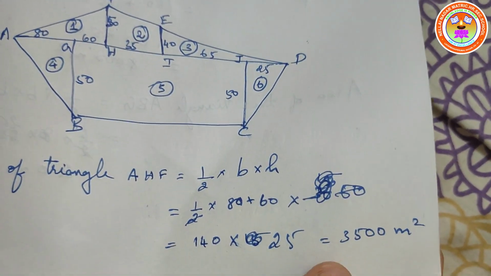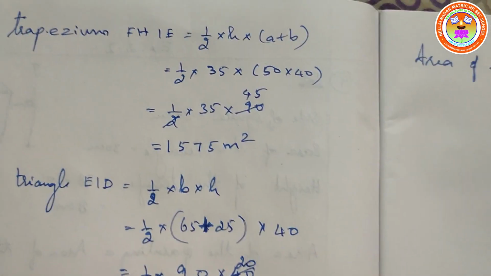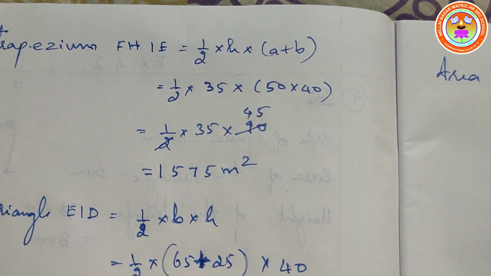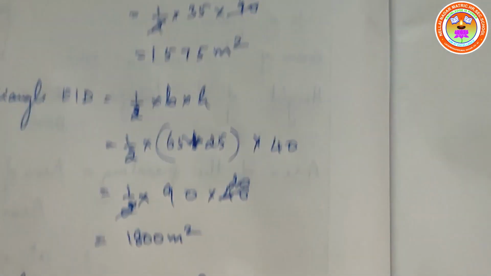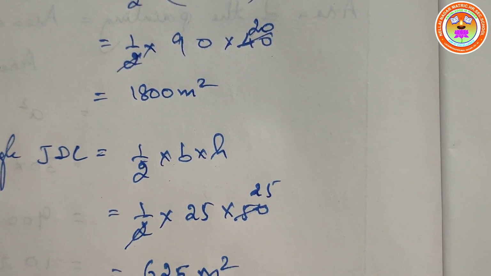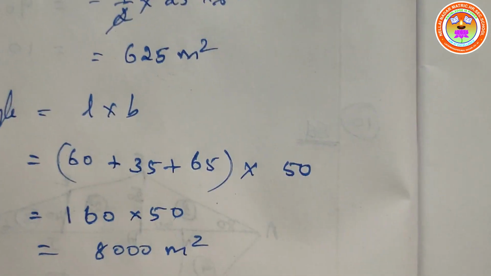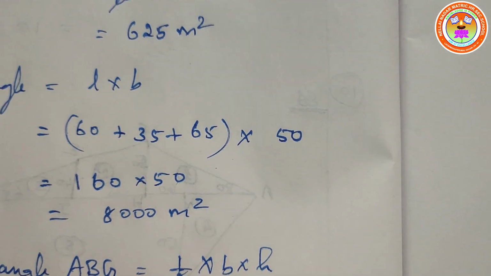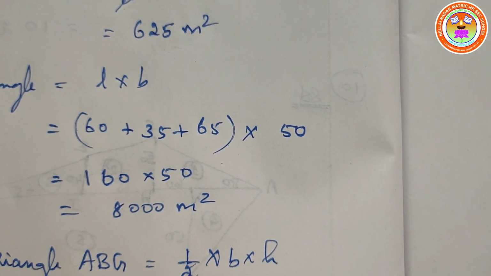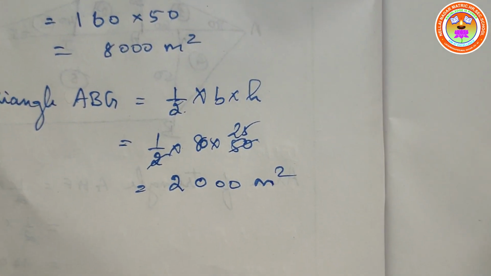It is 3500. 3500 plus 1575 plus 1800 plus 625 plus 8000 plus 2000.